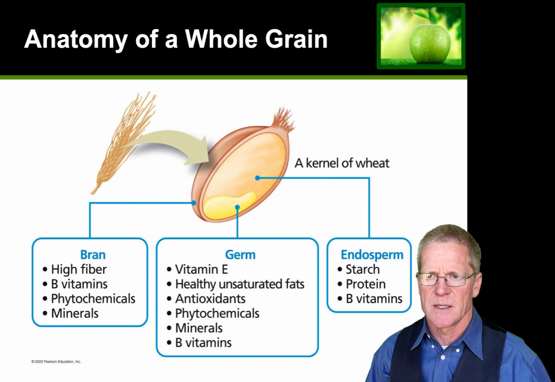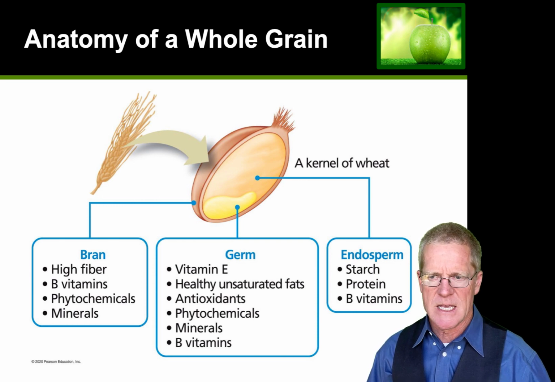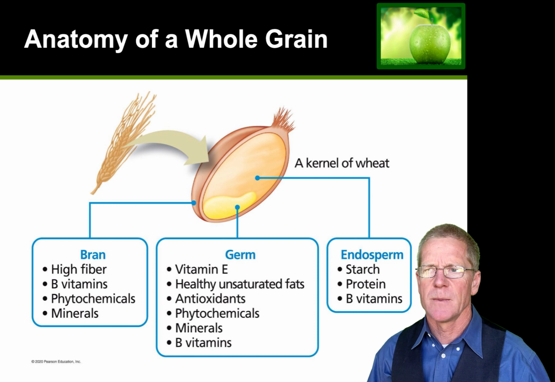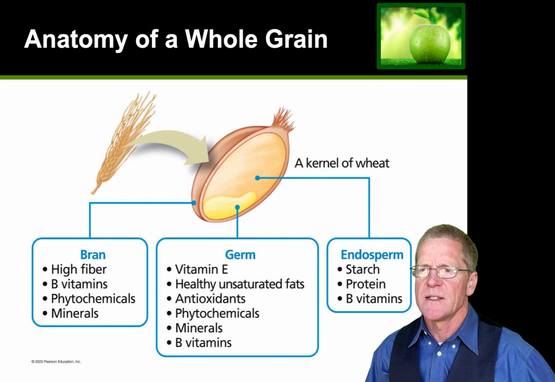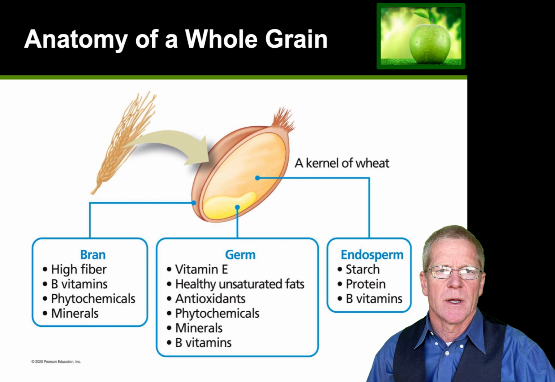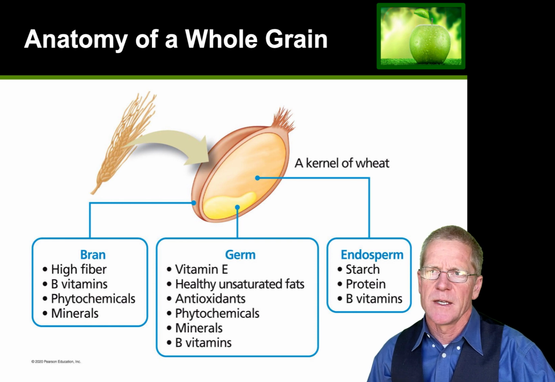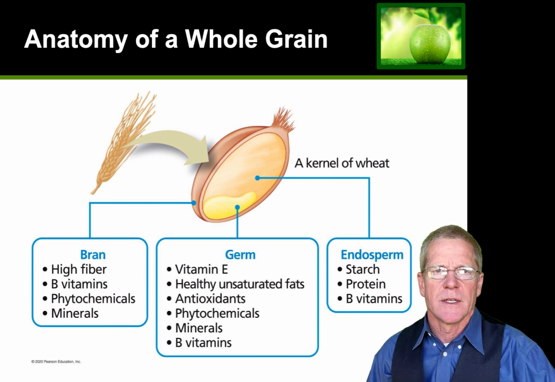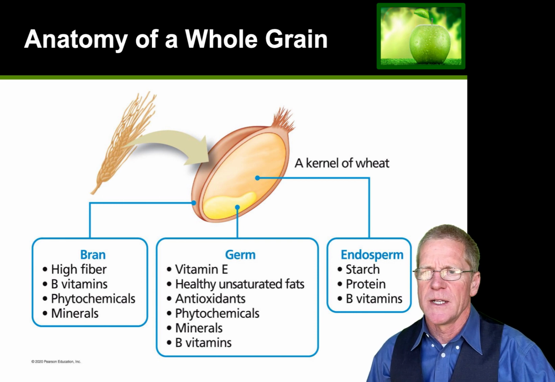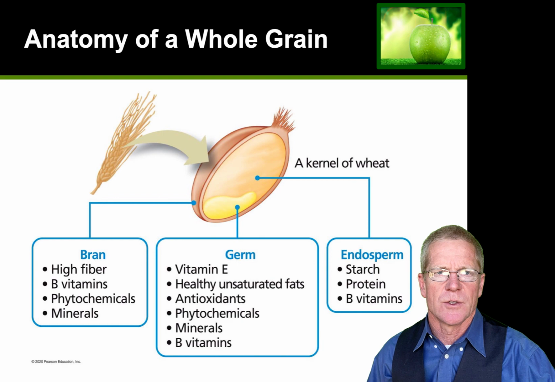The germ contains some healthy antioxidants, including vitamin E, some of the B group vitamins, whereas the endosperm just contains the starchy part. Refined grains, things like white bread, typically only contain the starchy portion of the grain. Whereas whole grain breads or whole grain foods typically contain both the bran and the germ, and this is a much healthier choice.